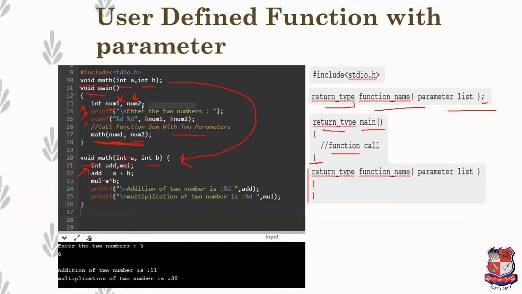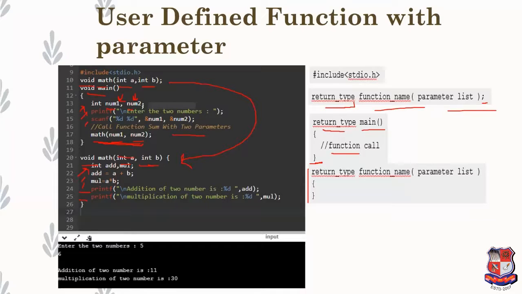Because I want to print the addition and multiplication of two numbers. So I'm storing the addition and multiplication in add and mul variables. I'm defining the procedure like add is equal to a plus b and mul is equal to a into b. Why have I taken a and b? Because in my function I have defined it as integer a and integer b. Now I'm printing it: addition of two numbers, and multiplication of two numbers.